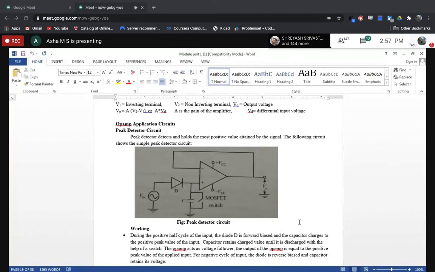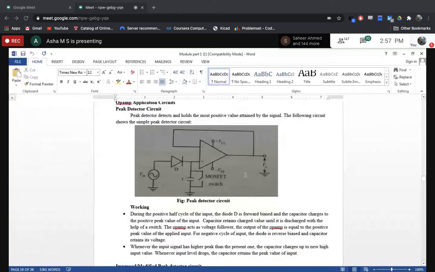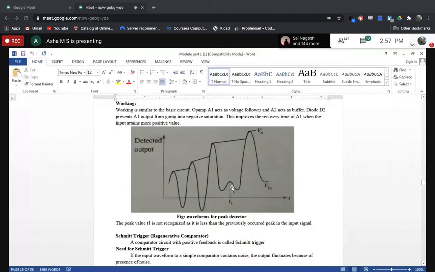It charges up to the value where, Asha, can you just go to the waveform? Yeah, you can see here. The capacitor starts charging, and once the peak is detected, you can see a horizontal line there, correct?